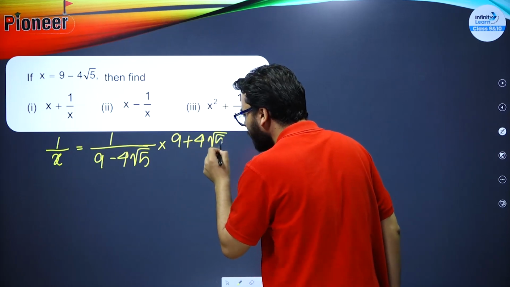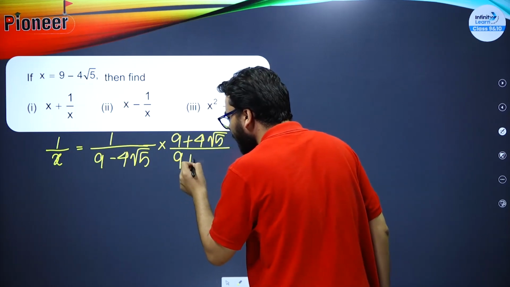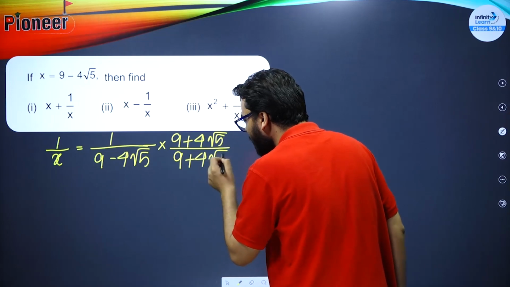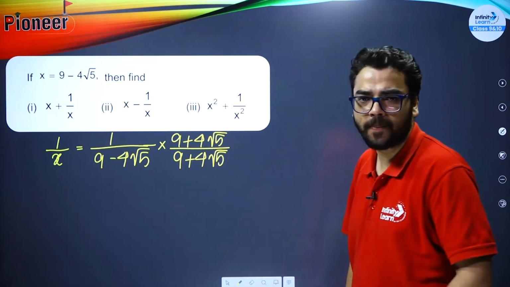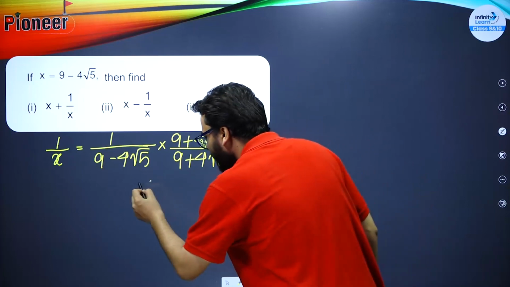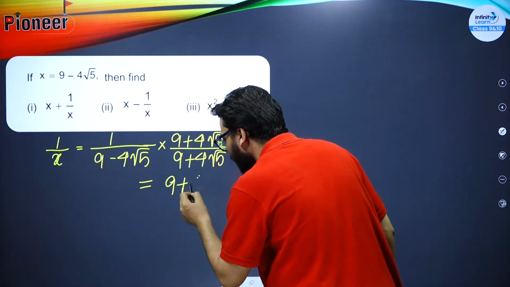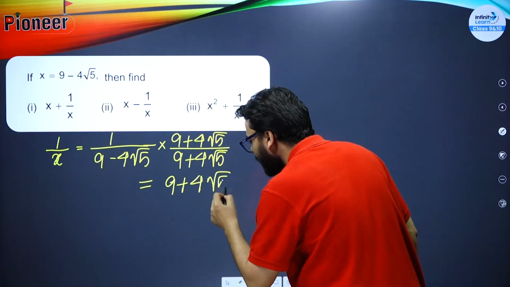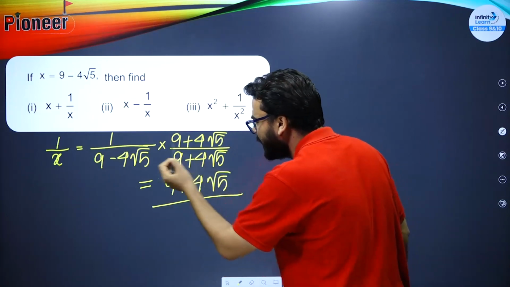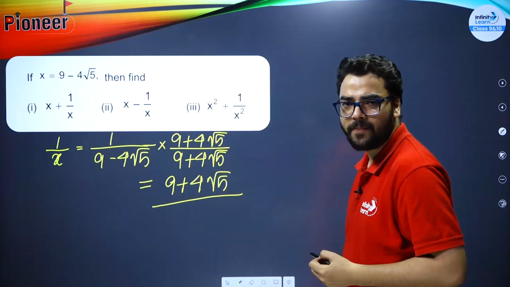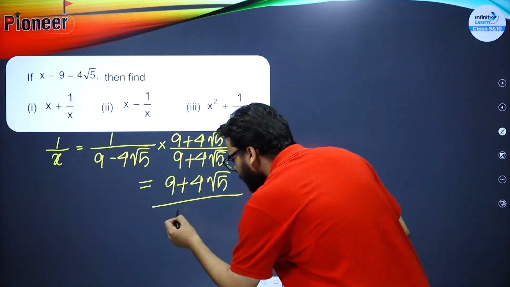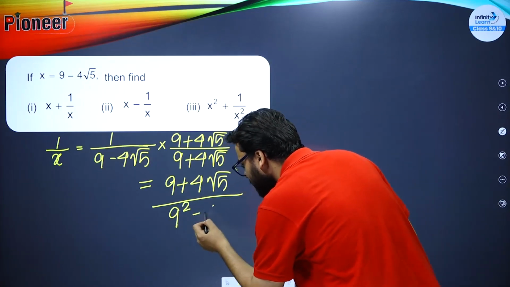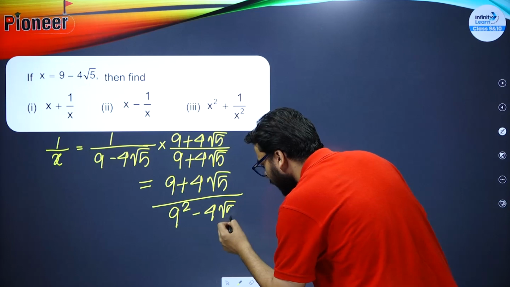The same logic, guys, we want to fix the denominator in the form of a plus b into a minus b. So basically this thing is nothing but 9 plus 4 root 5, and in the denominator it is of the form a plus b, a minus b. So it will be a square minus b square. So you can say 9 square minus 4 root 5 the whole square over here.